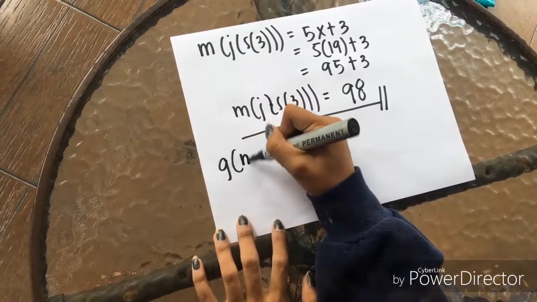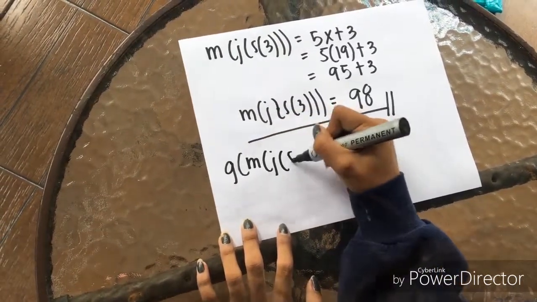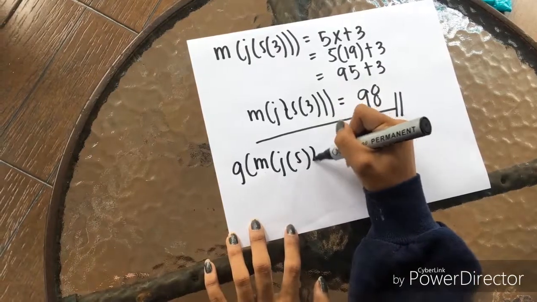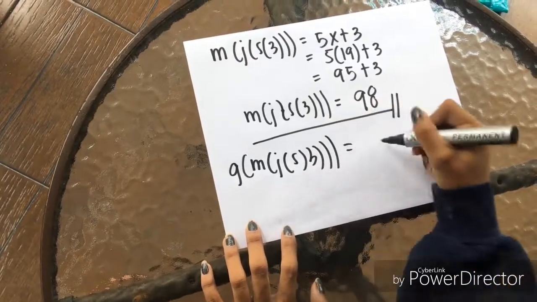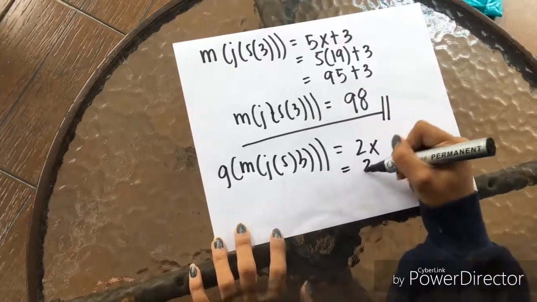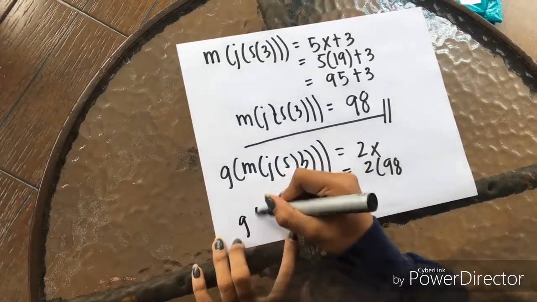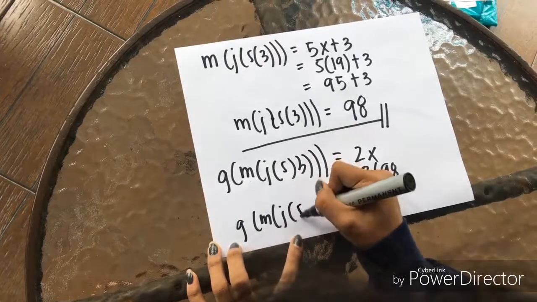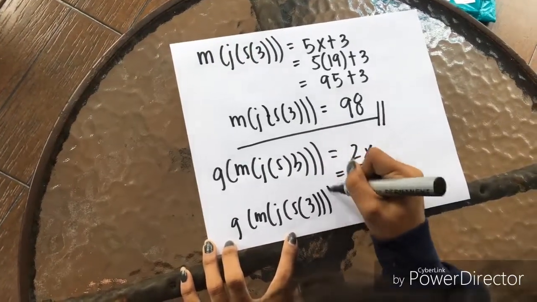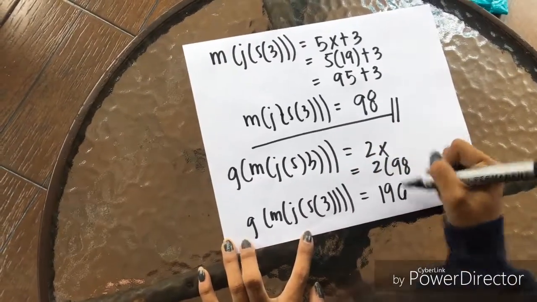For the last, G of M of J of S of 3 is equal to 2x. 2 times 98, that will be G of M of J of S of 3 is equal to 196.